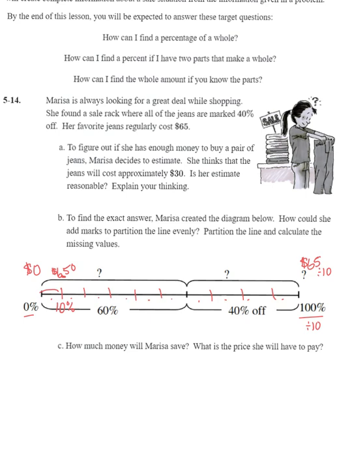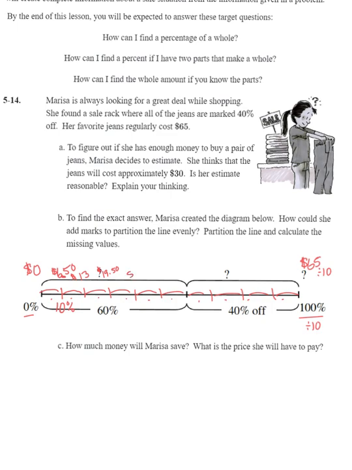So if I went to 20%, it would just be $6.50 more. So that would be $13. Going to the next piece, it would be $19.50. And then I would keep going like that. I would just keep adding $6.50 all the way on down the line.